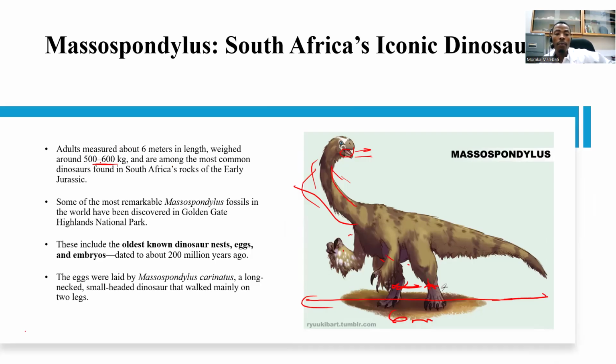Among the most common dinosaurs found in South Africa are those in the rocks of the early Jurassic. The eggs are found in the red stones of the Elliot Formation, showing that during the early Jurassic, these dinosaurs were dominant.